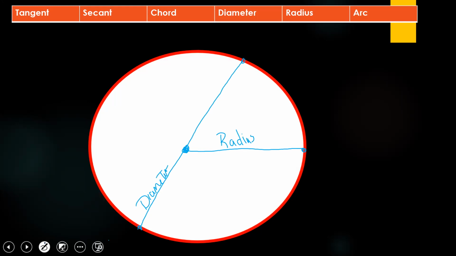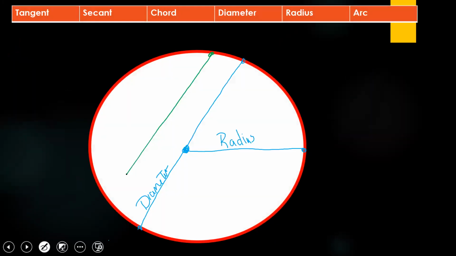Now, there's a line whose endpoints are on a circle, but this line doesn't pass through the center. We call it a secant. So any line segment has two endpoints.